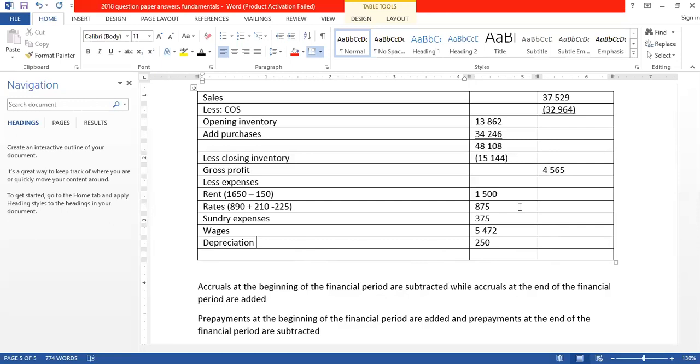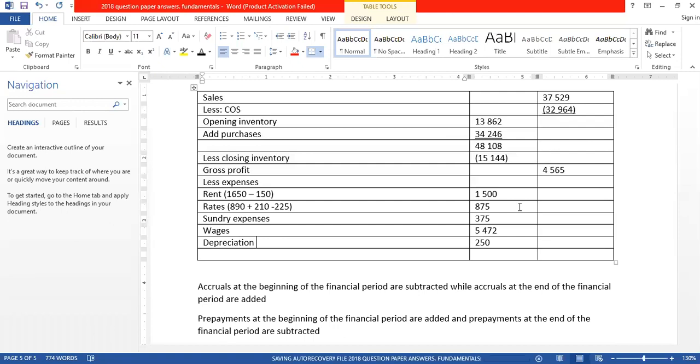Now that we are done with all our expenses, we have to add them up and then record the amount. So let's add up all our expenses. We have 1500, we add 875 plus 375 plus 5472, and then we plus 250.